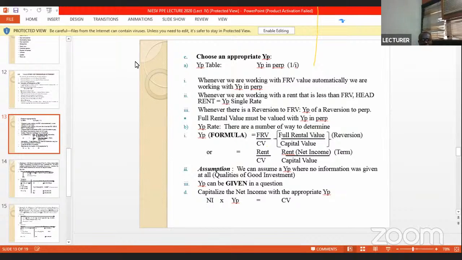Number two, regularity of income. How regular is the income? Number three, the divisibility of holding. Is it possible to subdivide the holding?